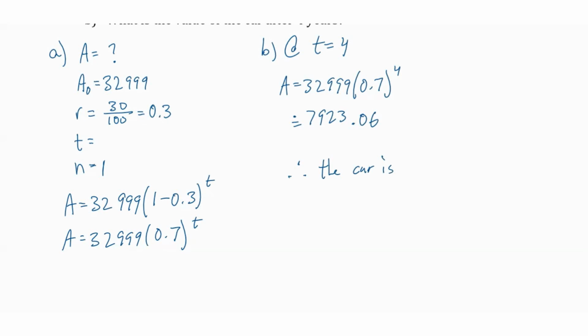The car is worth, and that's true. That's accurate. Every car is a little bit different, but I think that's what they go by: cars drop in value about 30% every year. And that's why they say buying a new car is a terrible investment, because the first year it loses the most value.